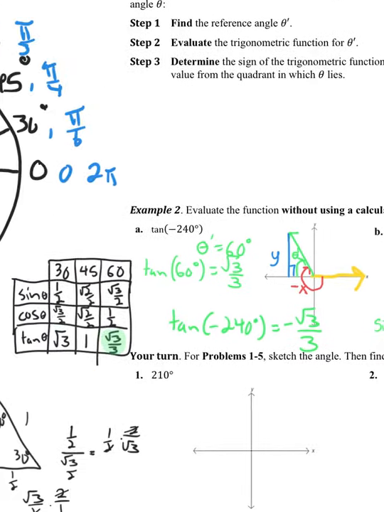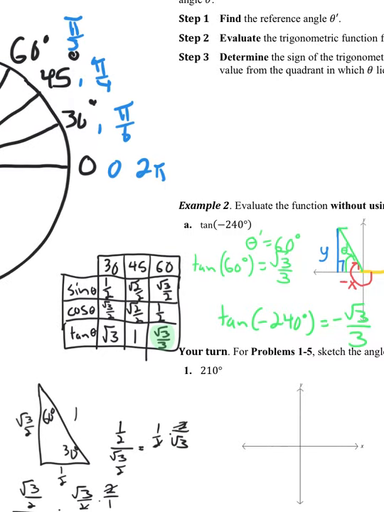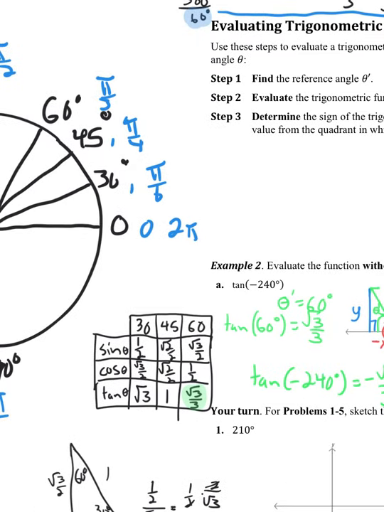So this 30 degrees is the same as pi over 6. I have it right up here. So sine of 30 degrees is the same as sine of pi over 6. 45 degrees is pi over 4, and 60 degrees is pi over 3.